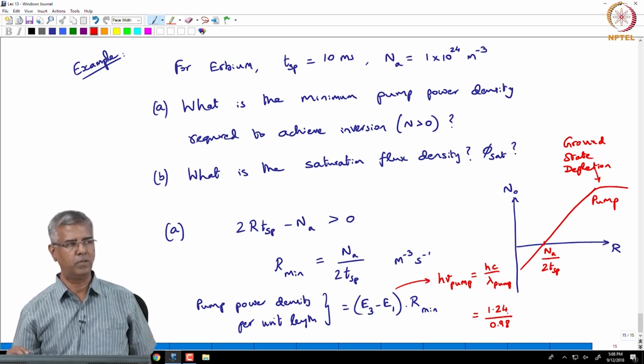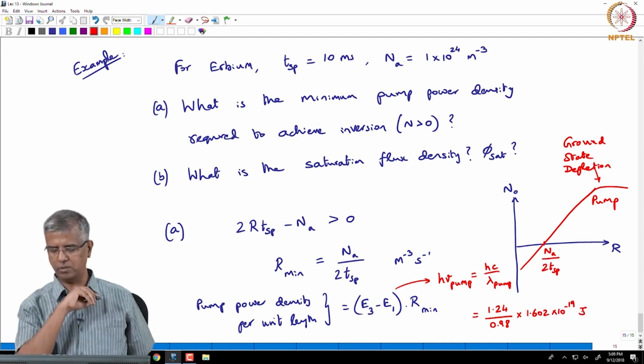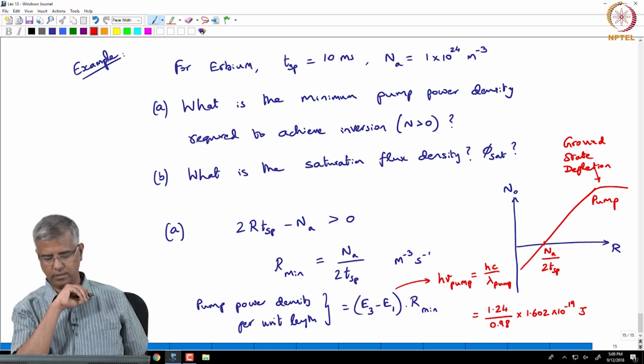So, what do you do to convert to joules? Multiply this by 1.602 into 10 power minus 19, and that will be in joules, right.